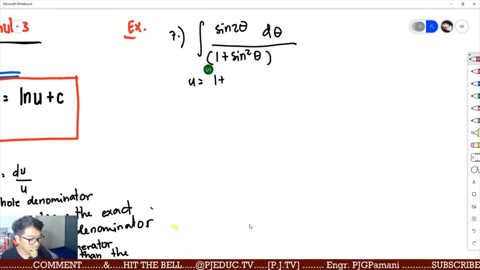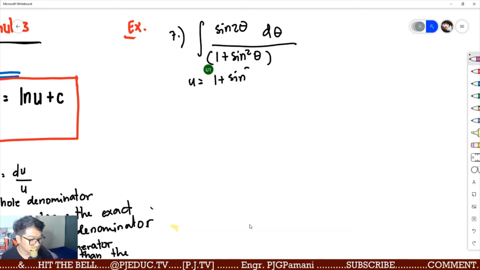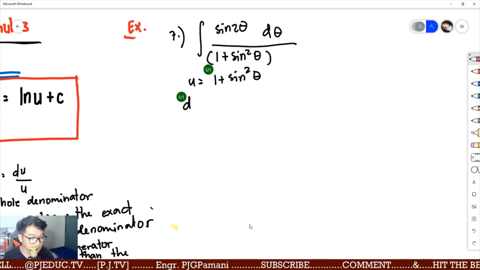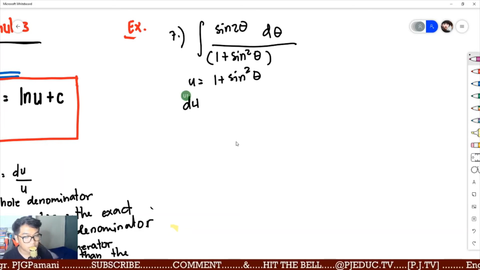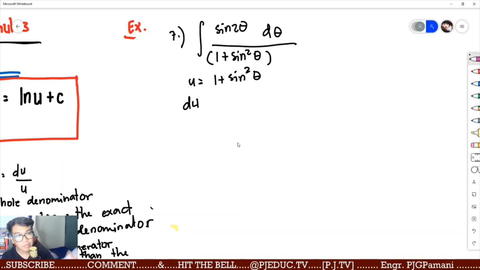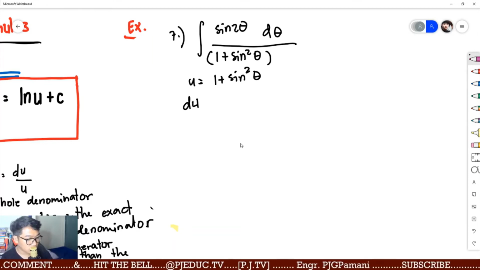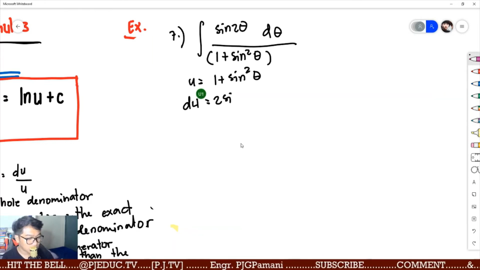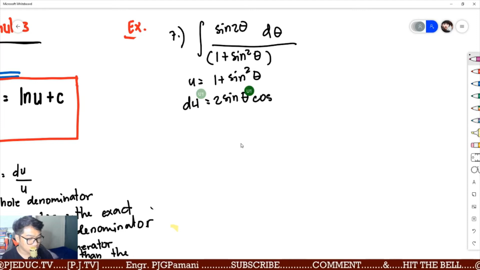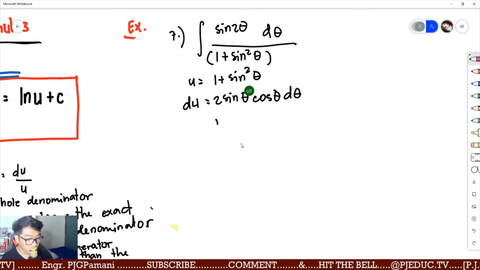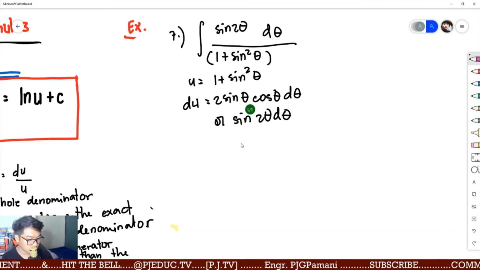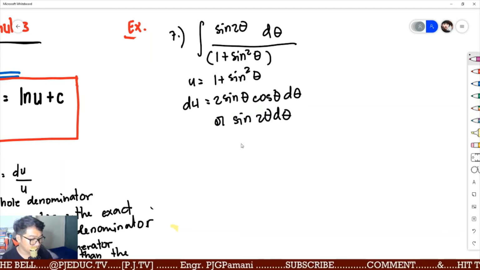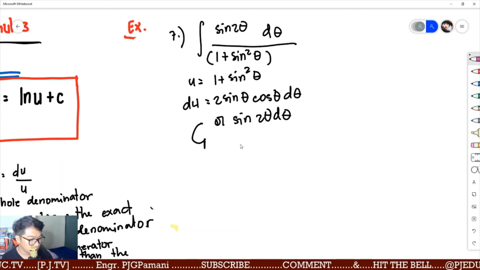U is now 1 plus sine squared theta. Remember your differential calculus or differential identities under trigonometric functions such that the derivative of 1 plus sine squared theta is equal now to 2 sine theta cosine theta d theta, or it is also sine 2 theta d theta. Correcting factor is still 1 over 1.